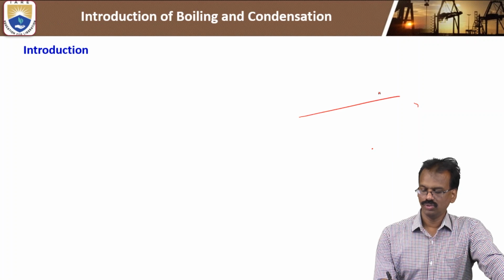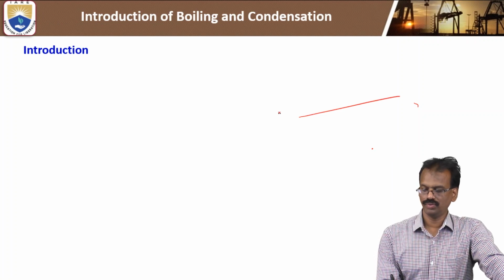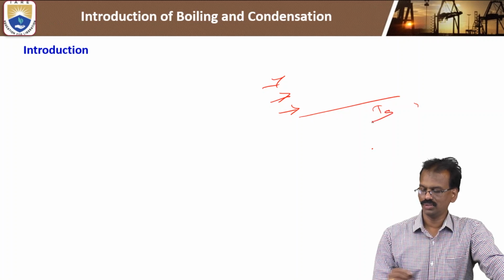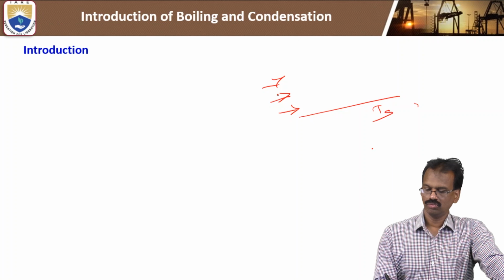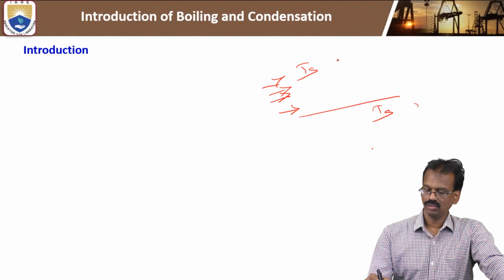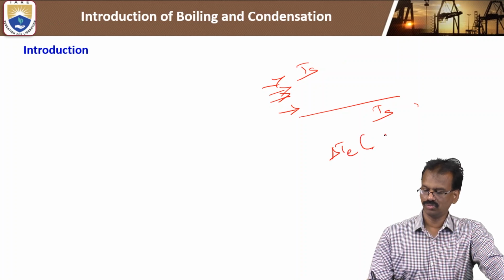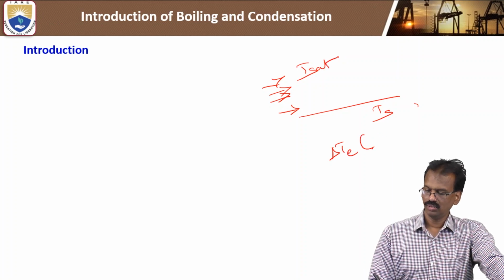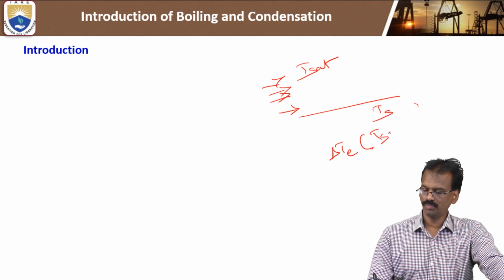Convection process means heat transfer from solid to liquid. The water is flowing on this surface, and this is the temperature of the surface Ts. If the temperature exceeds the saturation temperature of the fluid, delta T is the temperature difference between the solid temperature and the saturation temperature.